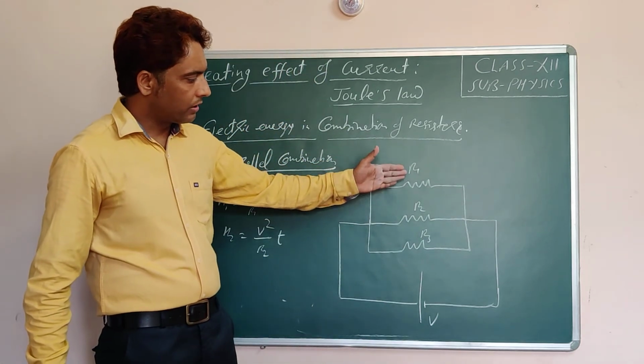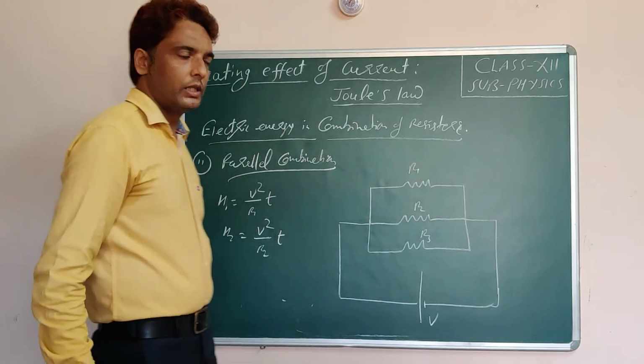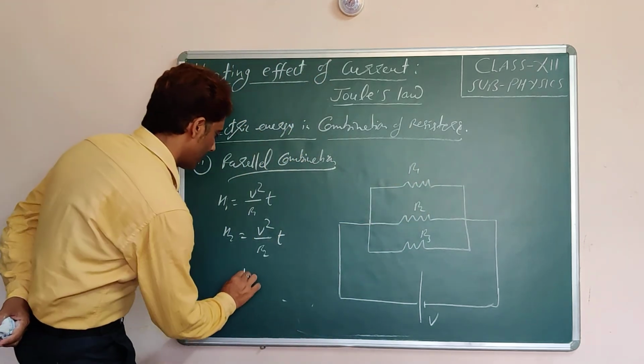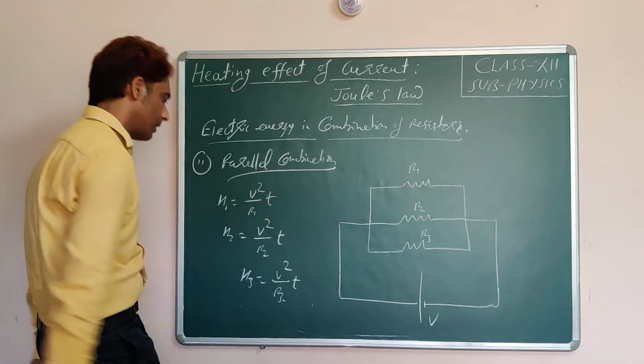Because these resistors are connected in parallel, the potential difference across all 3 is the same. H3 equals V square by R3 T.